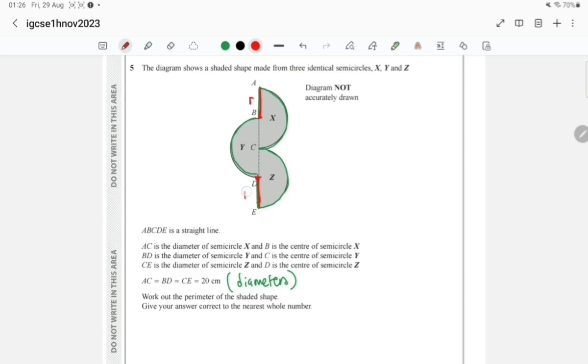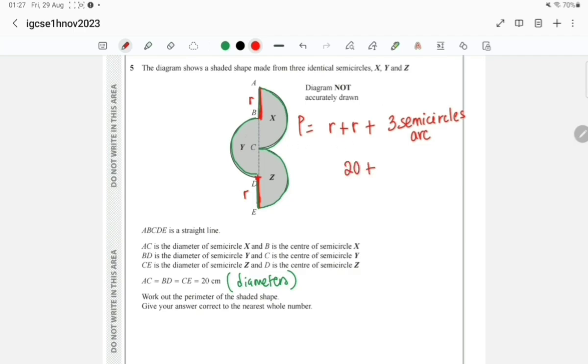So here is the radius, here is the radius. And I know that 2 radii is 1 diameter. So diameter would be equal to 20, right? So I know it would be R plus R, plus 3 semicircles, right? Now I know R plus R is 20. Okay, so this red part here is 20.